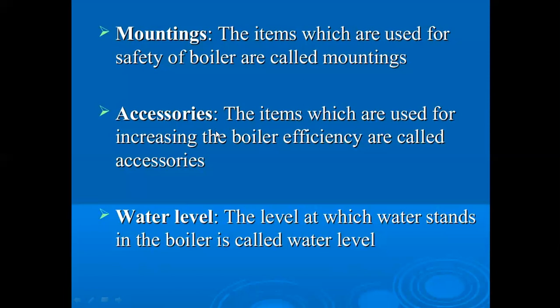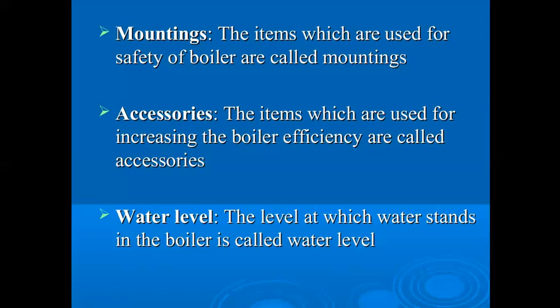Accessories are items which are used for increasing the boiler efficiency. Some commonly used boiler accessories in a steam power plant are feed pump, economizer, superheater, air preheater, steam trap, steam separator, and steam injector.